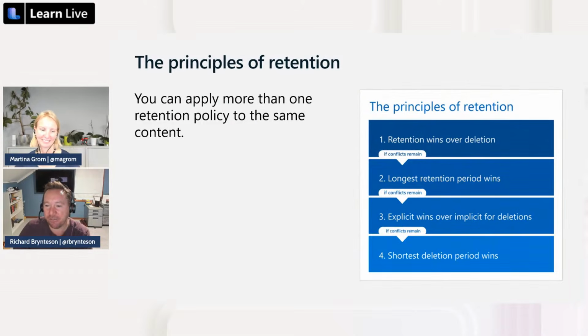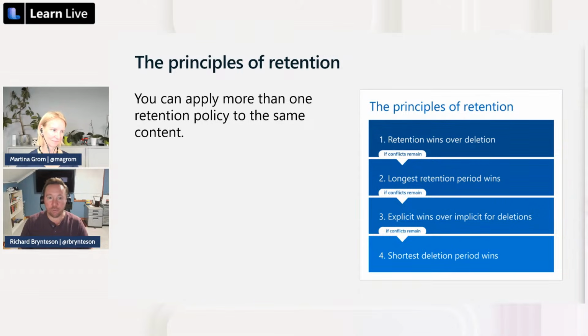So here's the idea of what happens when things conflict. I like this visual because it helps understand the principles of what happens. Generally, retention will always win over deletion. So if I've got a policy that's assigned to both, retention would win over that deletion policy. The longest retention period is the one that wins as well.